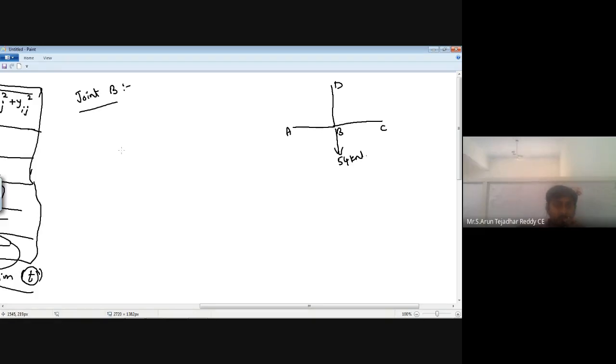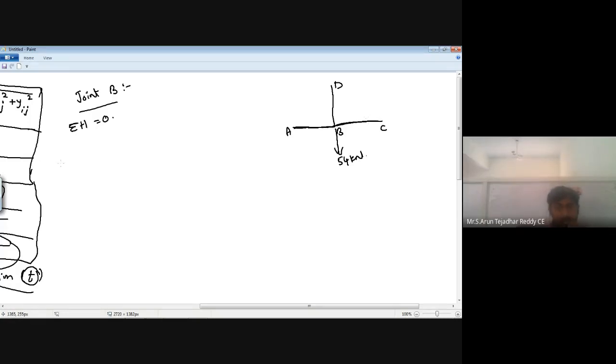Next, consider summation of horizontal forces is equal to 0. How many horizontal forces are acting here? B to A, one horizontal force. B to C, another horizontal force.